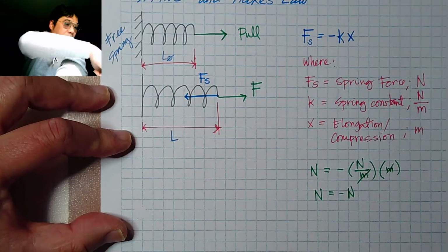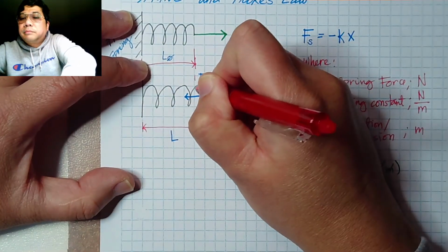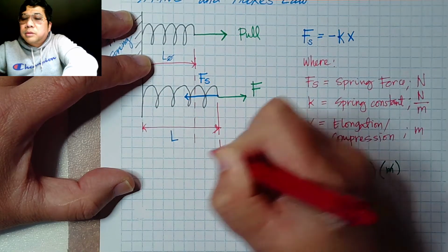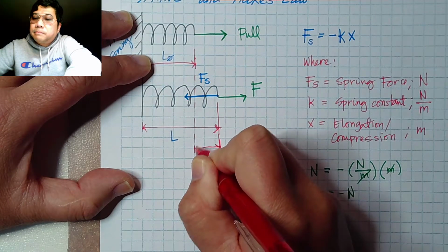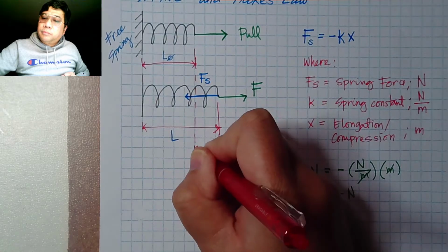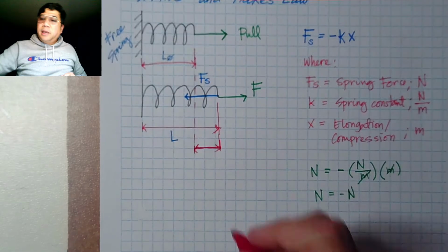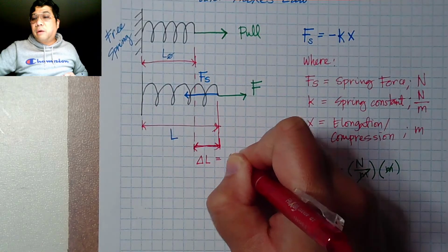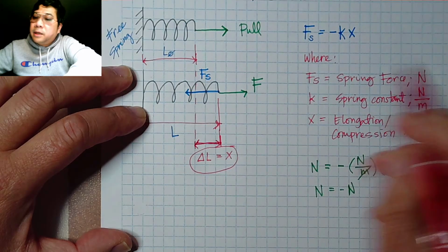If I extend this line right here and want to figure out the difference between the original length and the final length, where L is your final length, this change in length is simply equivalent to x in our equation. So this one over here is our x.